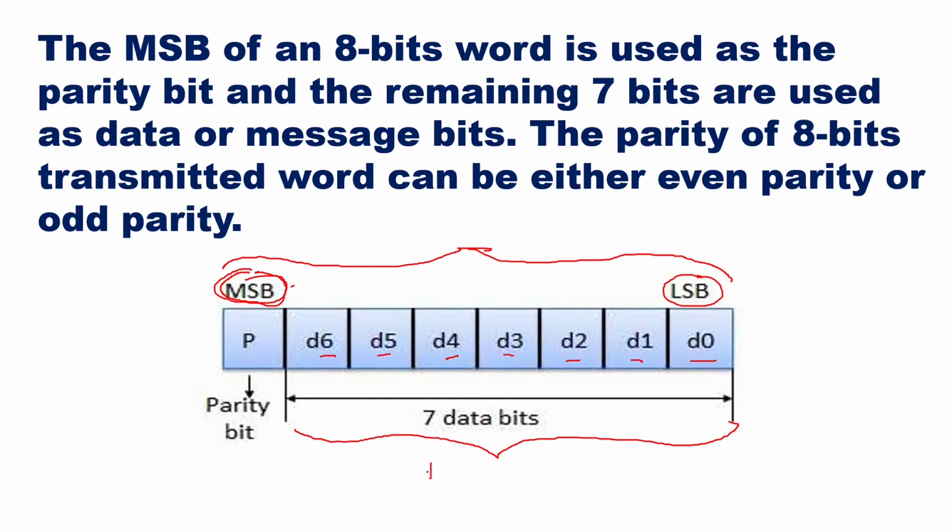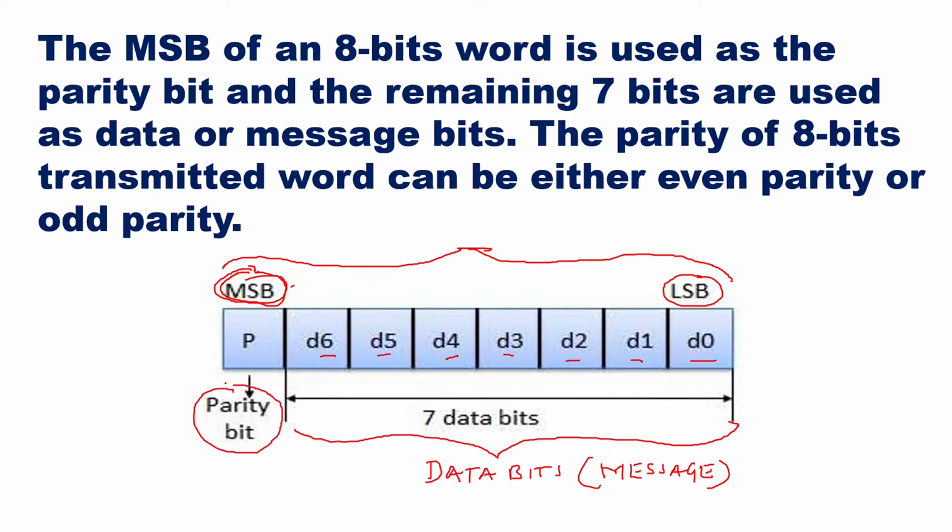These are your data bits, or you can also call them message bits. These 7 bits are going to contain the message. And the 8th bit, which is the most significant, we will take as the parity bit.